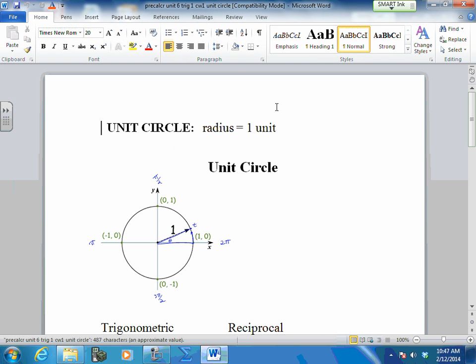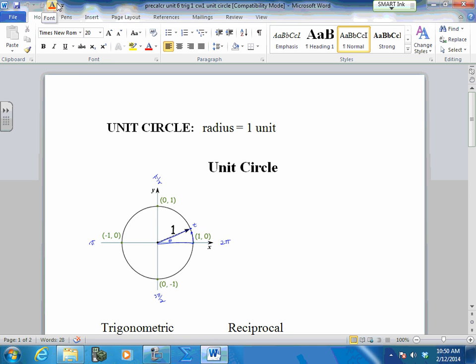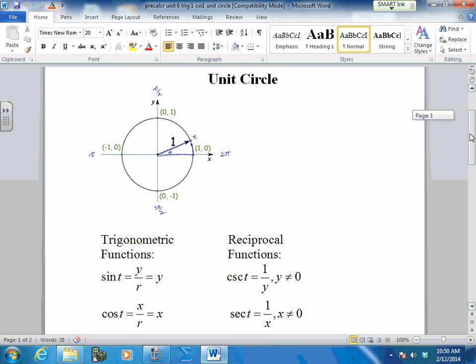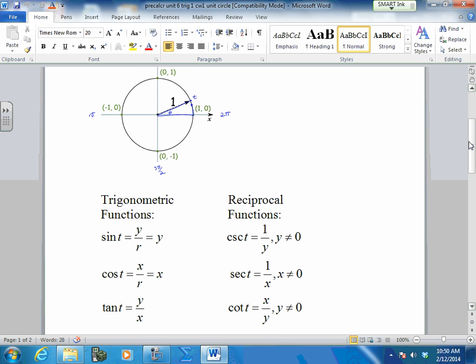Today, we're hitting your unit circle. We're going to talk about your unit circle, your functions, and your reciprocals. Do you have the functions on your paper?